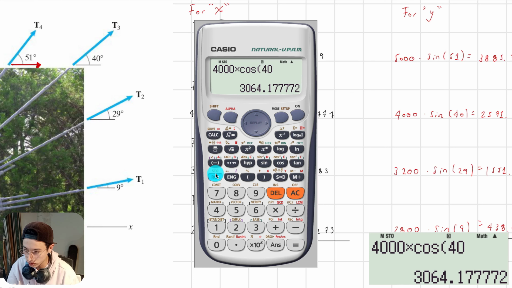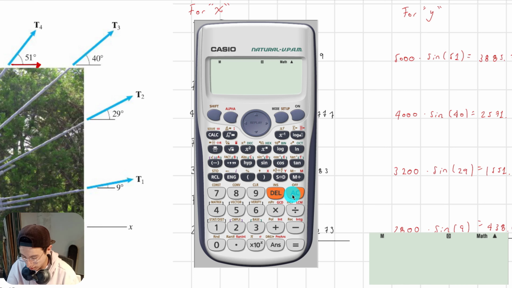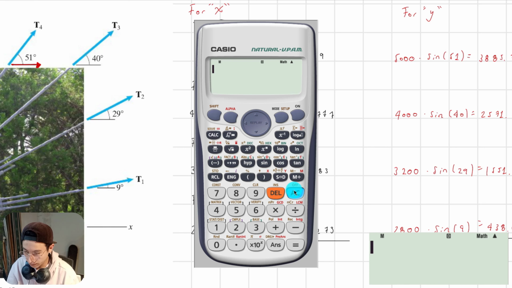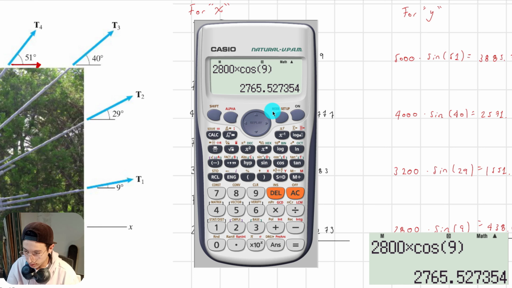Shift Storage within B. 3,200 times the cosine of 29 equals, yeah, it is correct, Shift Storage within C. And finally 2,800 times the cosine of 9 equals this, Shift Storage within D.